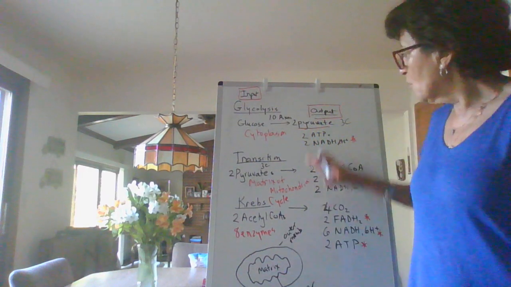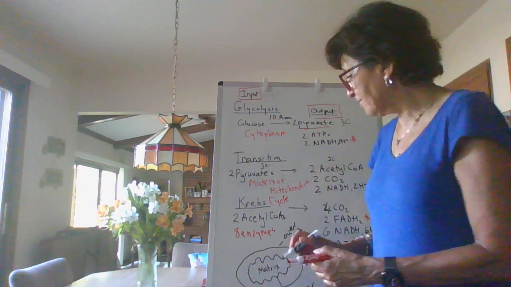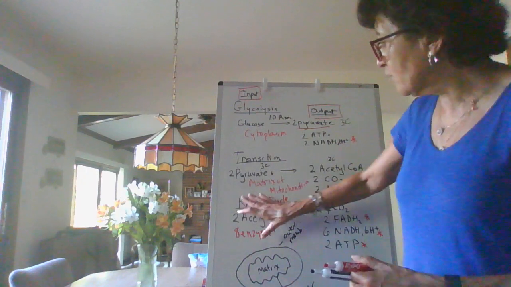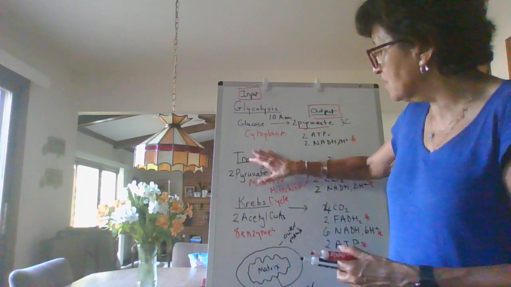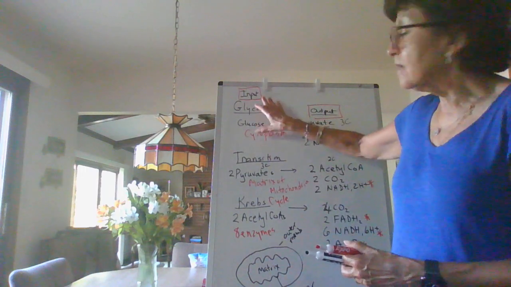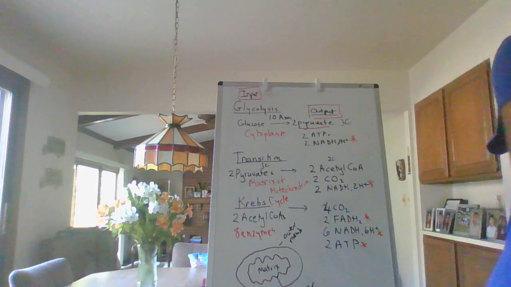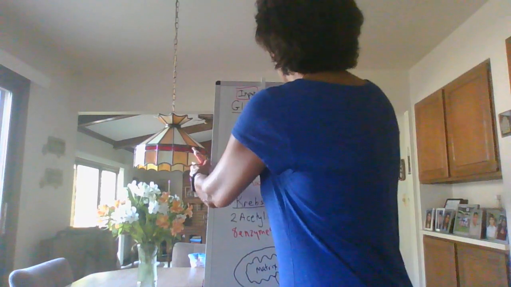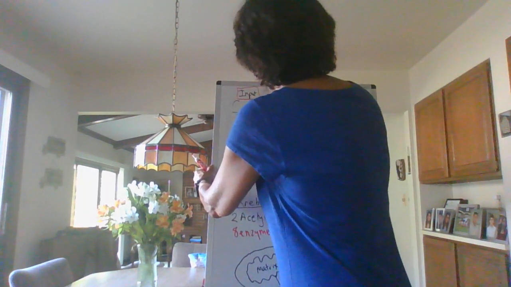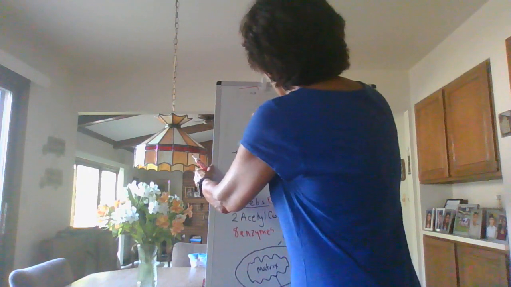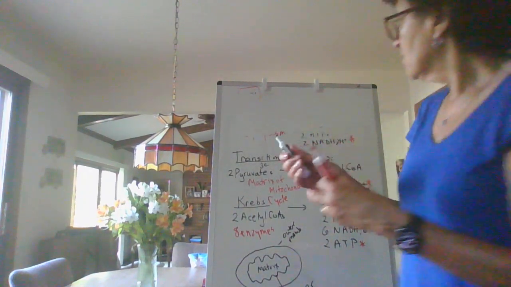All right. So right now, net, what do we have? Oh, and Krebs cycle is also in the matrix. All right. So Krebs cycle in the matrix, transition in the matrix, glycolysis in the cytoplasm. So right now, what we've got a total of, okay, so we're going to add the side.